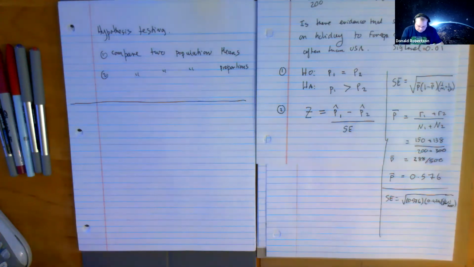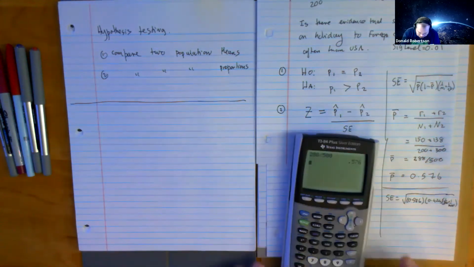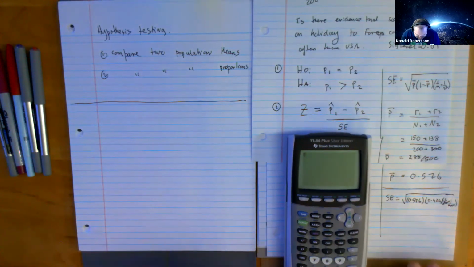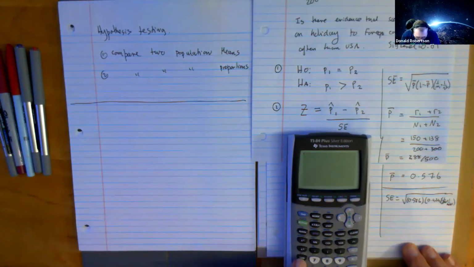God in himmel, that isn't even pretty. Square root of the p bar, 0.576, times 1 minus the p bar. That's where the 0.424 came from. Multiplied, in brackets, 1 over the first sample size plus 1 over the second sample size.